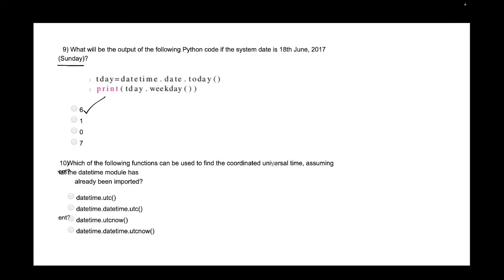So to see the current time at that 0 degree longitude, what is the right functionality to be invoked? If you have a doubt, you can try running all these 4 options in Spyder and then find out.